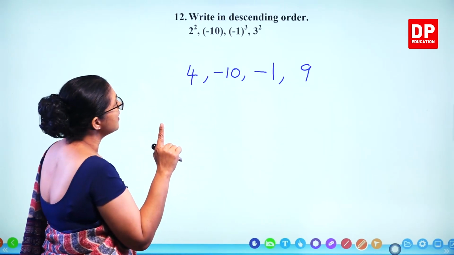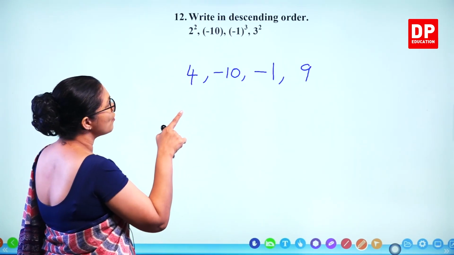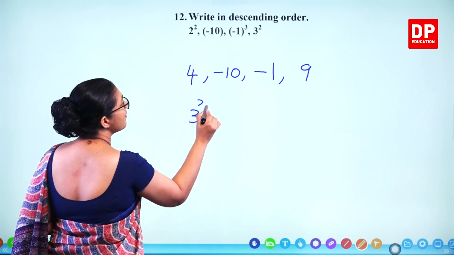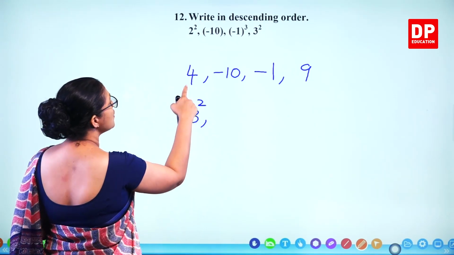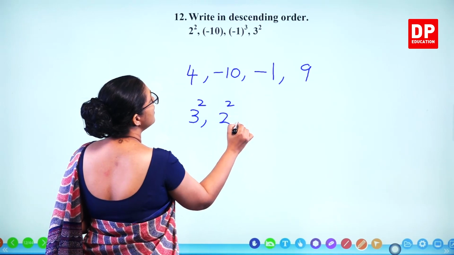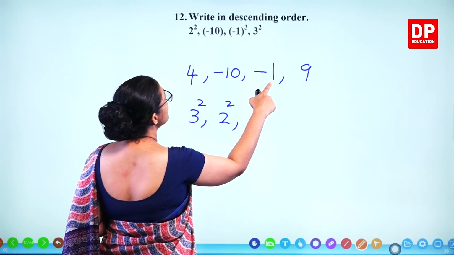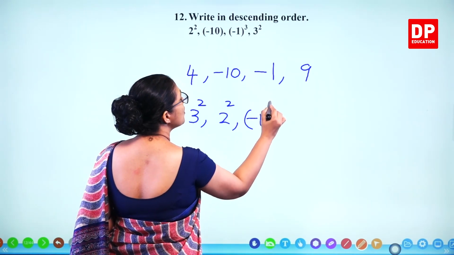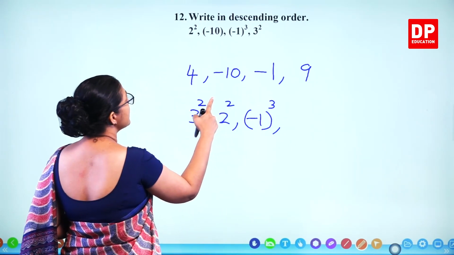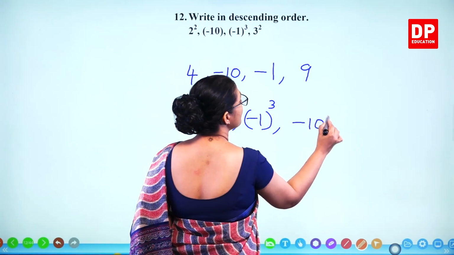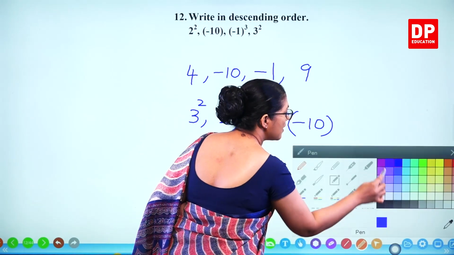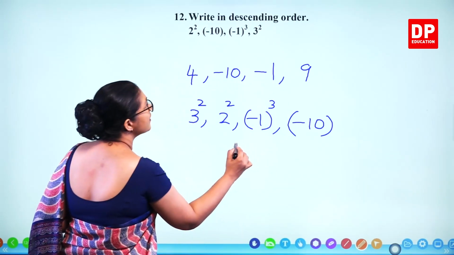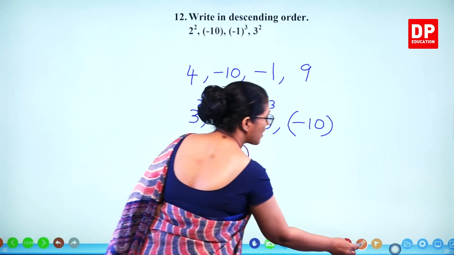Now descending. Highest one is positive 9. That's 3 squared. Then next number is 4, 2 squared. Then you get minus 1, minus 1 to the power 3. And then minus 10. So that's in descending order. You get 2 marks.